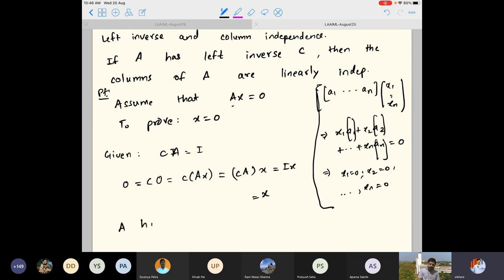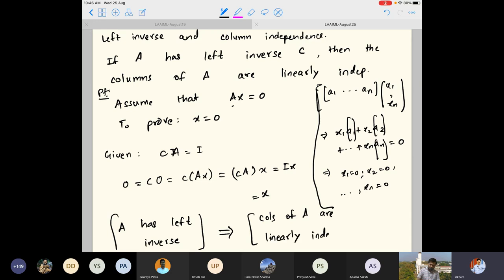So what have we proved? If A has a left inverse, this implies that the columns of A are linearly independent. Can you use this observation to generate examples where the left inverse will not exist?